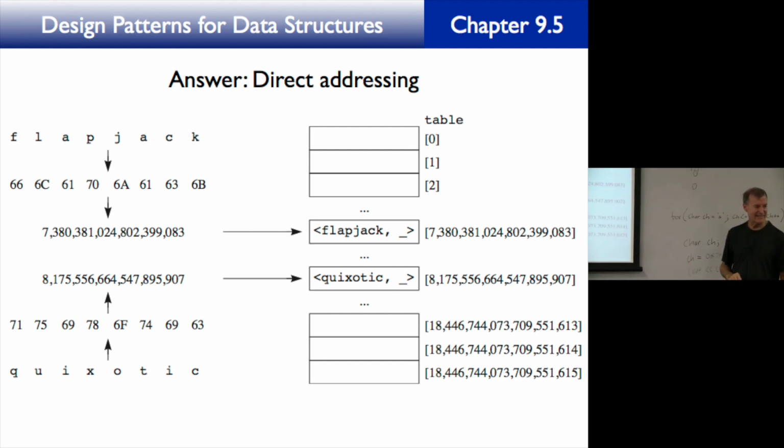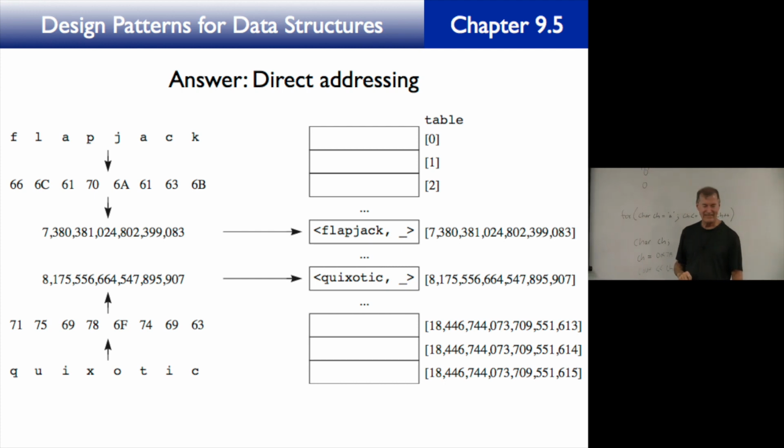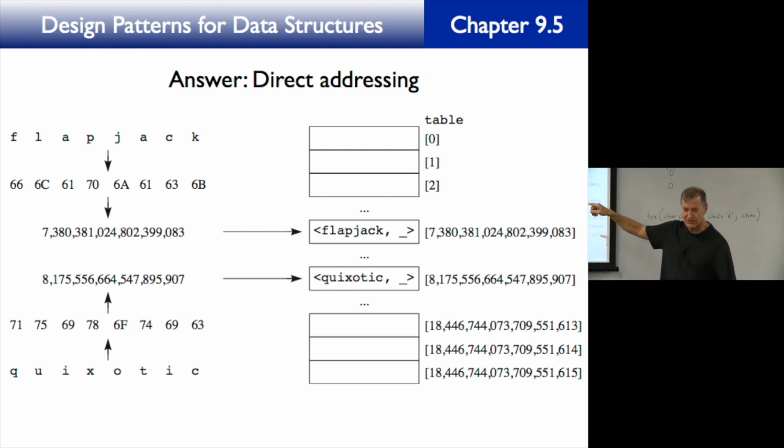So the big long number is like the integer sum of what 6b stands for plus what 63 stands for? No, it's what you get if you write that number out all in binary for flapjack. What was hexadecimal 6?